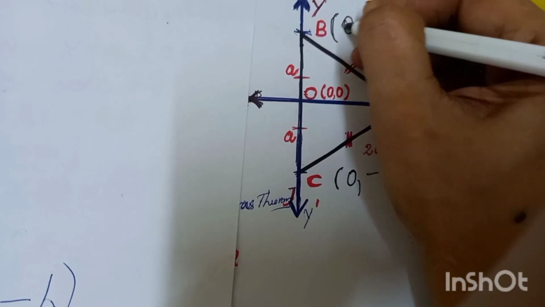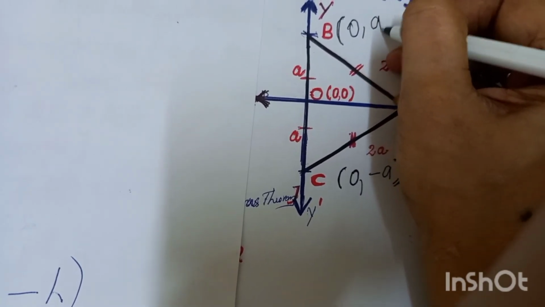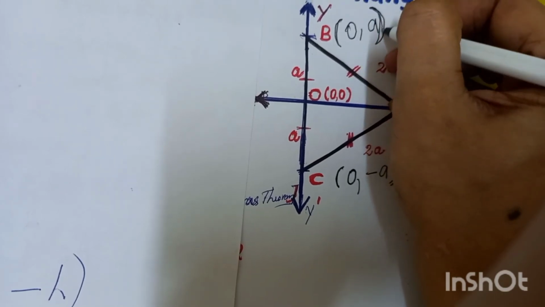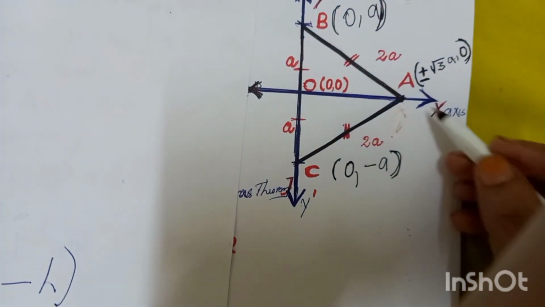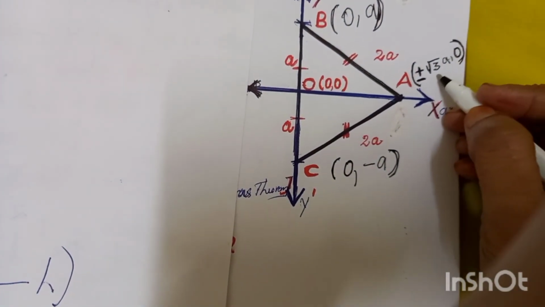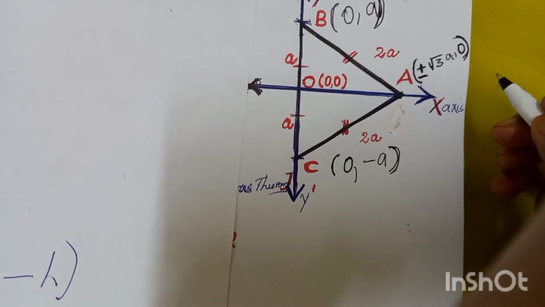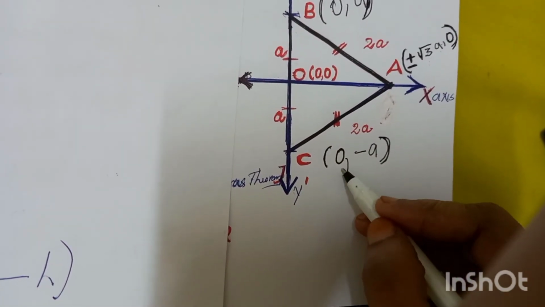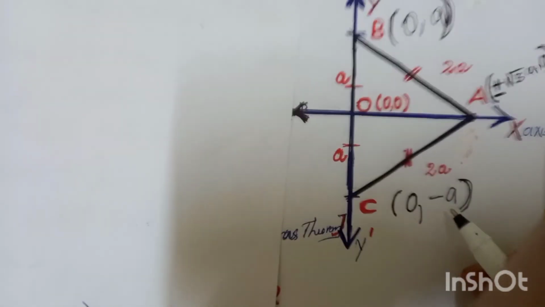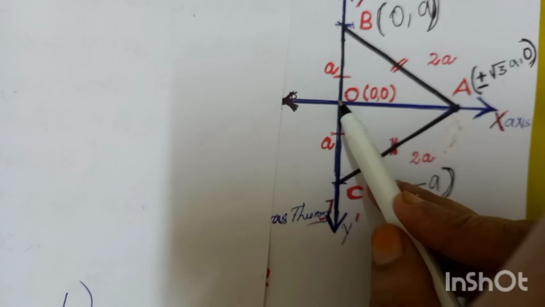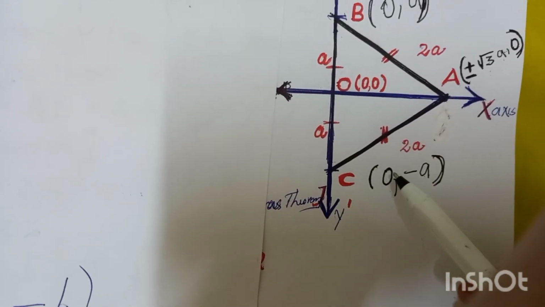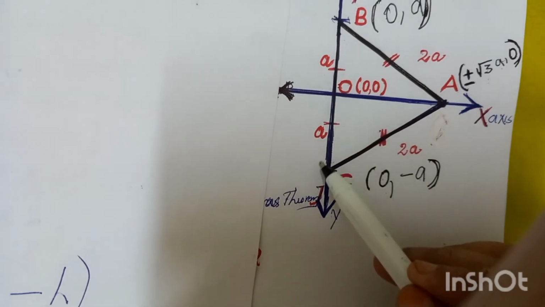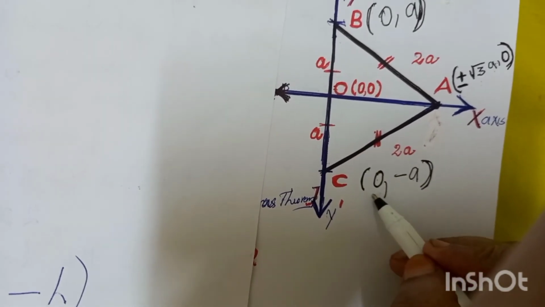B (0, a), A (plus or minus root 3 a, 0), C (0, minus a). Why? This point is below the x-axis, so we are taking it as minus a, and C lies along the y-axis, so its x-coordinate is 0.